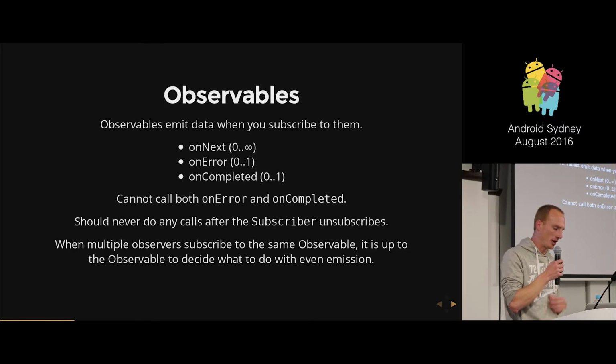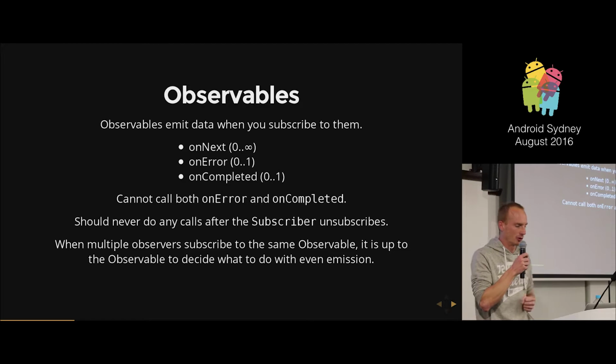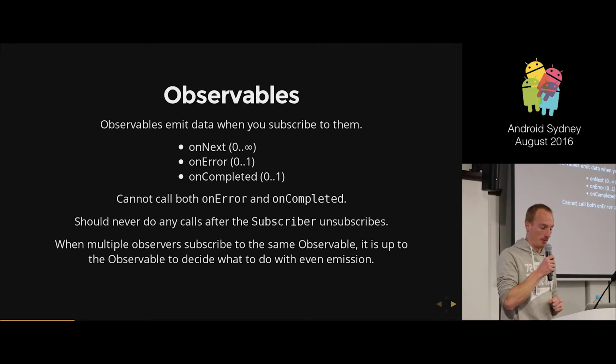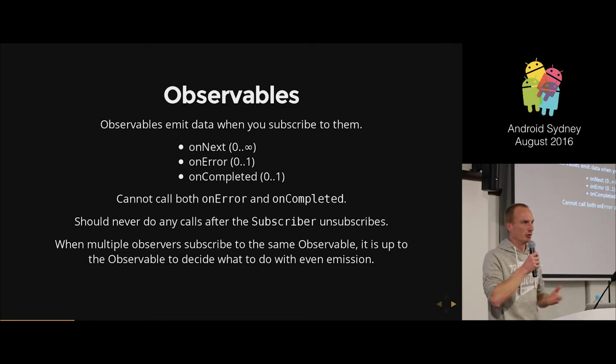So observables emit data when you subscribe to them. So thereby they are kind of the building block of the data flow programming that they talked about on Wikipedia. You've got three events. You can emit a value, which is through onNext, and you can emit 0 to infinite amounts of data.